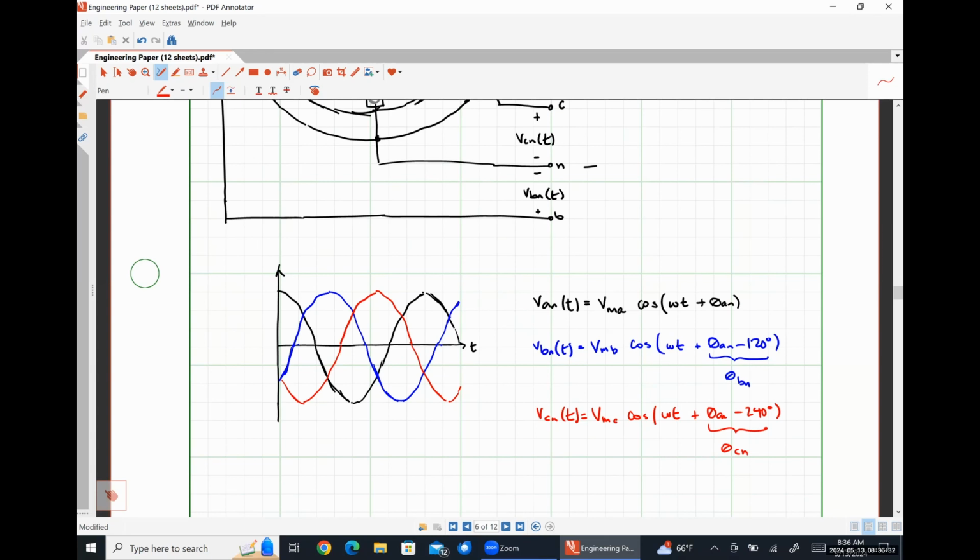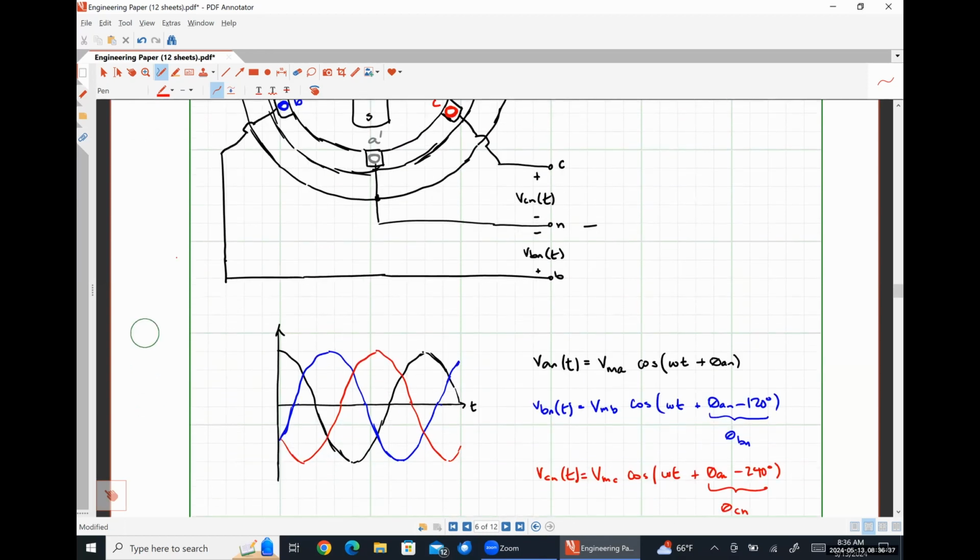So what we have here is what's called a positive phase sequence. So it goes from A to B, then to C over and over and over again based on the direction of our rotation governed by omega. A negative phase sequence set of voltages would be what would happen if we allowed our rotor to spin in the opposite direction. So it would hit C first, and then B, and then A. So if we go A, B, C, that's what we call positive phase sequence. If we go C, B, A, that's what we call negative phase sequence.